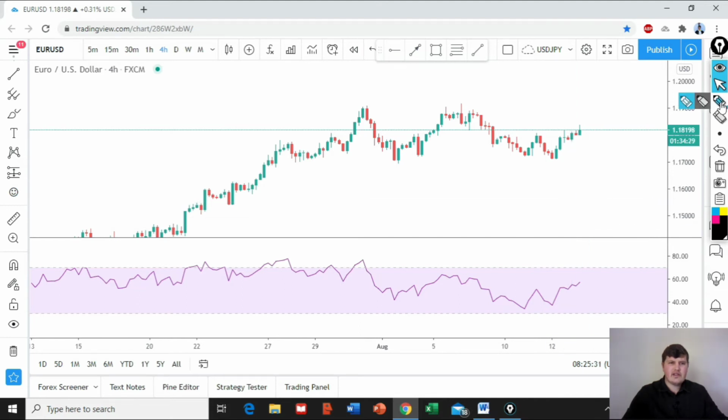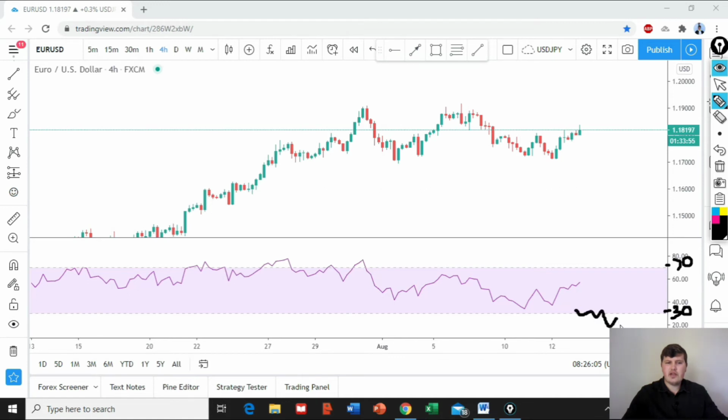Now, as you can see, the RSI gives you these different prices at the right, and this dotted line over here, the top line, indicates the 70 level, and the lower line indicates the 30 level of the RSI indicator.